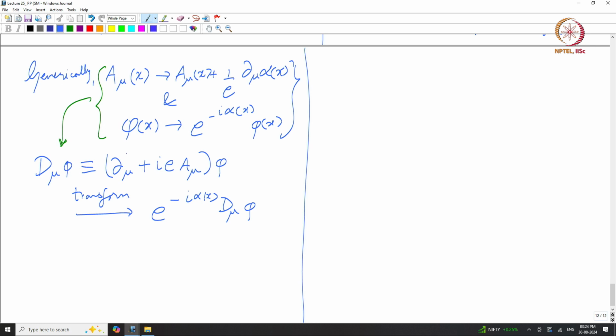Take the partial derivative, sorry, take the 4 derivative basically on phi. I will have the usual dou mu phi, right, but then I will also get a term that looks like dou mu of alpha, correct, because I have to integrate that also, which I will multiply with the phi again, right.